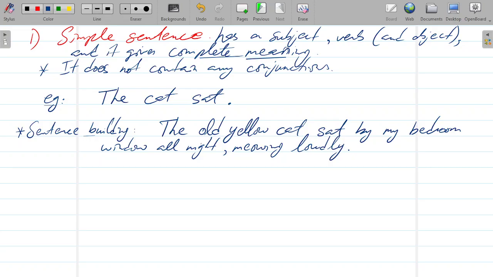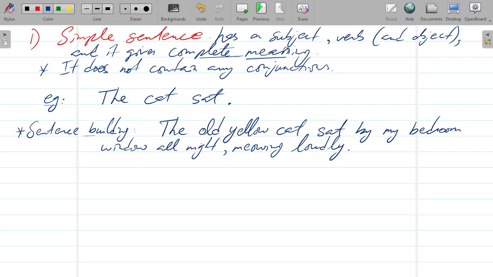Now that is not a short sentence, right? It's a reasonable sentence, and it's still a simple sentence because, again, subject, verb, complete meaning, and there are no conjunctions, right? So then we will talk about conjunctions, we talk about compound sentences next, and then obviously we come to complex sentences and we come across subordinating conjunctions. It doesn't have any of those, right? It does have details.